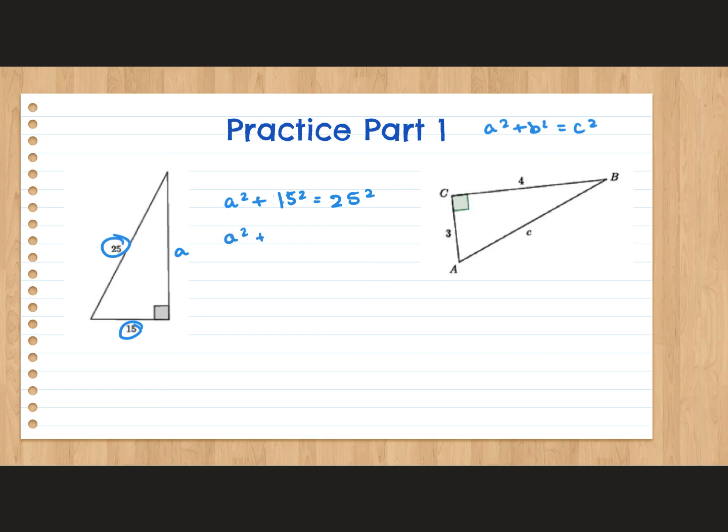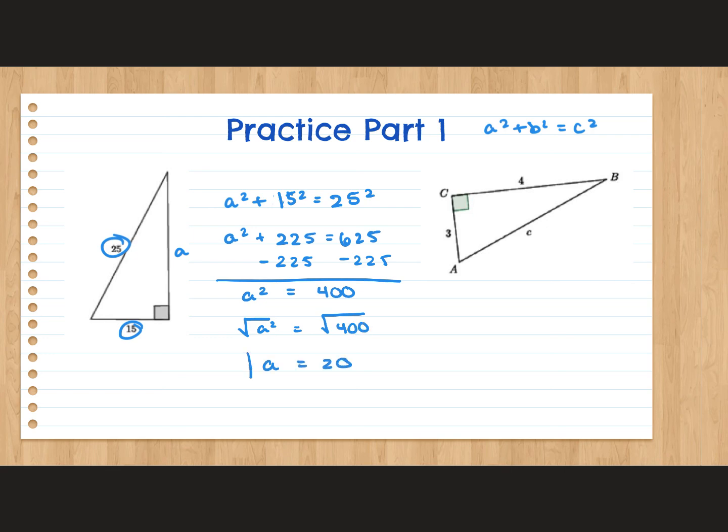We have A squared plus 225 is equal to 625. All right, so again, we're trying to get A squared by itself, so we're going to subtract 225 from both sides, and we get that A squared is equal to 400. Take the square root of both sides because we just want to know what A is, and we get that A is 20.